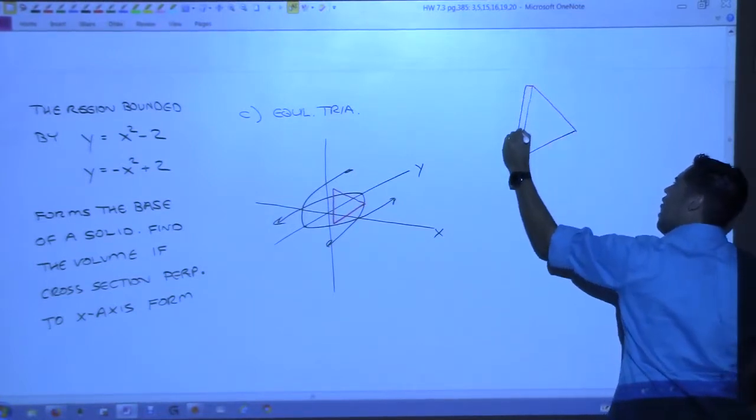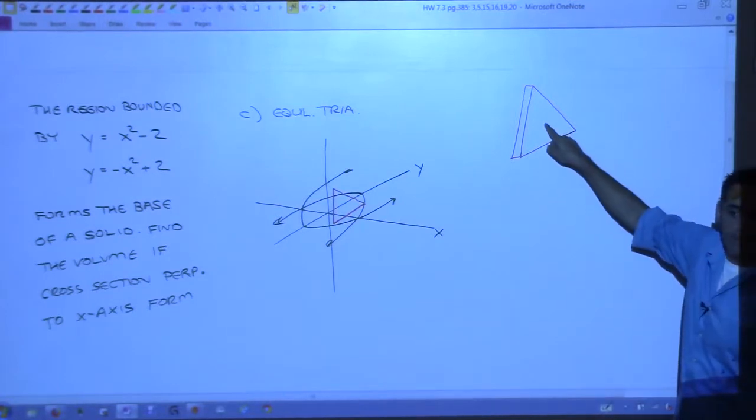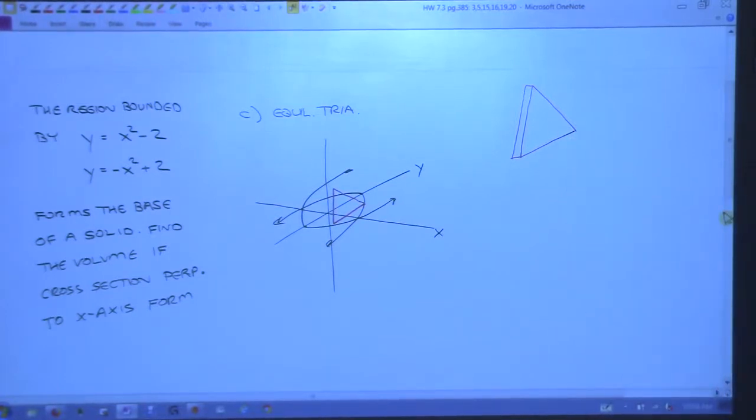It's got some thickness to it. We need the area of that, don't we? So what's the area of that triangle?